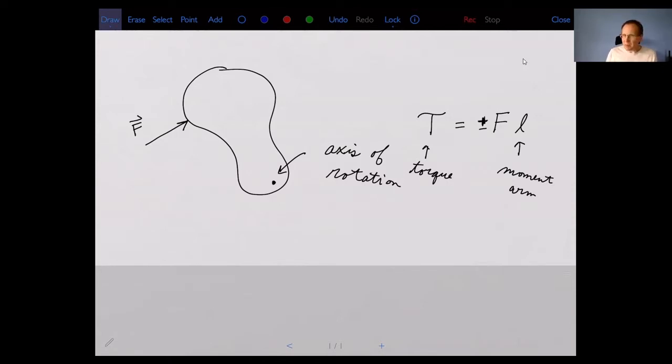All right, so what is this moment arm? Well, first of all, you can see this force acts along this line. I'll dash it in here. Some people call this the line of action of the force.